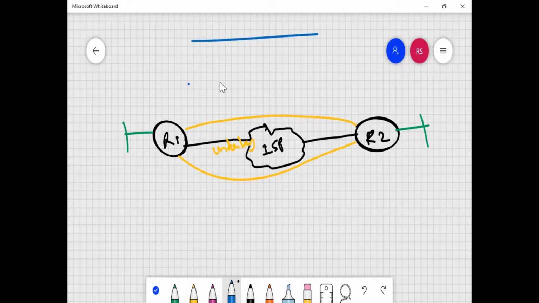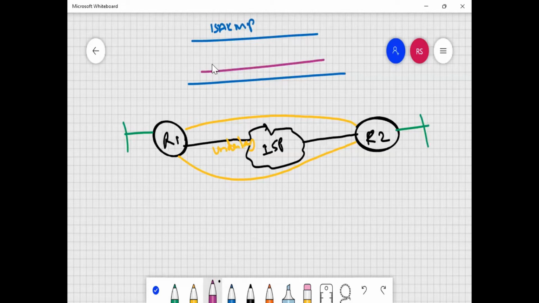I hope you are aware that there are two phases, ISAKMP, which is phase 1. In phase 1, you have another tunnel, those are your tunnels for in and out respectively, and this is phase 2. It doesn't matter whether it is IKEv1 or IKEv2.